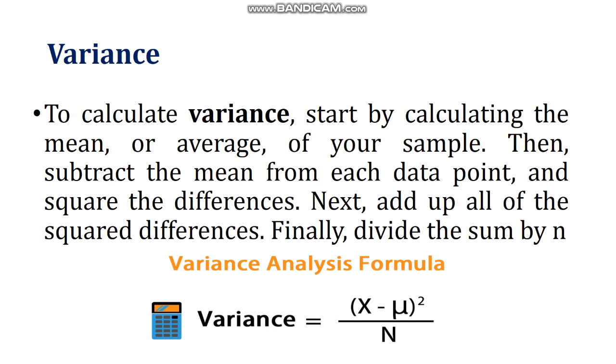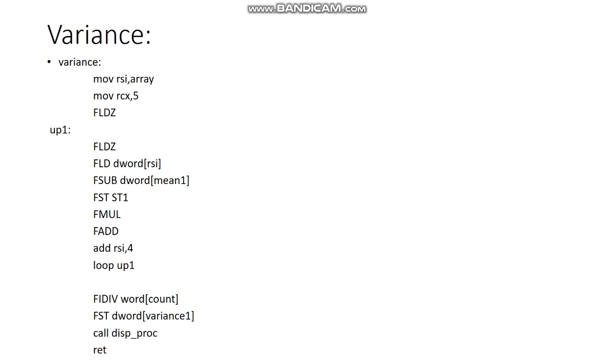Whatever values are generated from the differences, we are adding all those values, and finally we are dividing that value by n. The value of n is nothing but the count which is available in the array. In our example, we have taken 5 values in the array. That's why the count value will become 5 in this case.